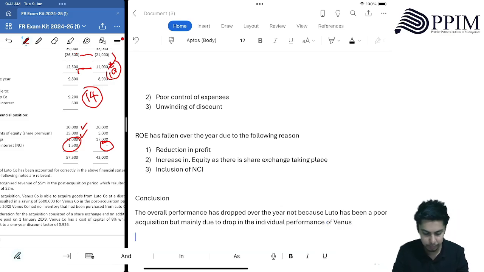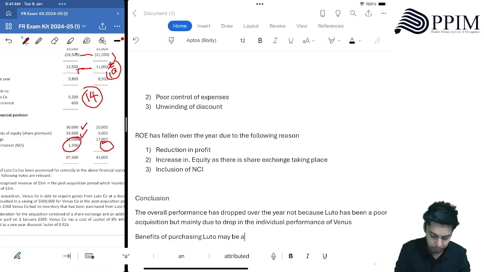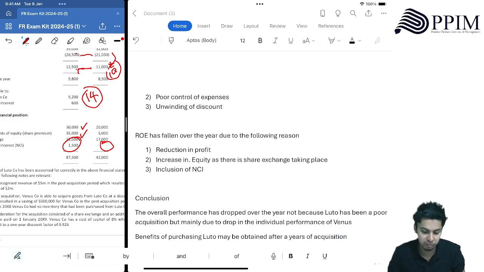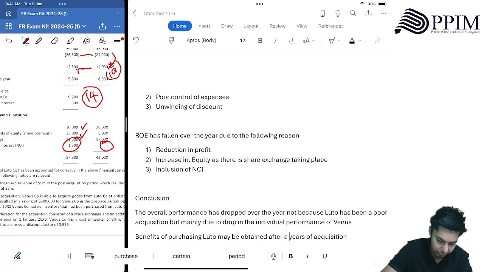And then guys, you can write below this one: the benefits of purchasing Luto may be obtained after a few years of acquisition. Okay, benefits of purchasing Luto may be obtained after a few years of acquisition.